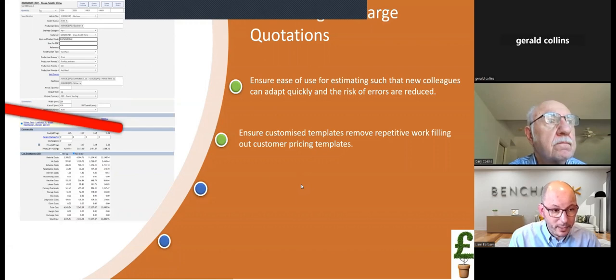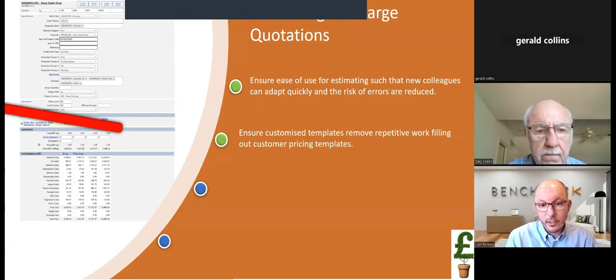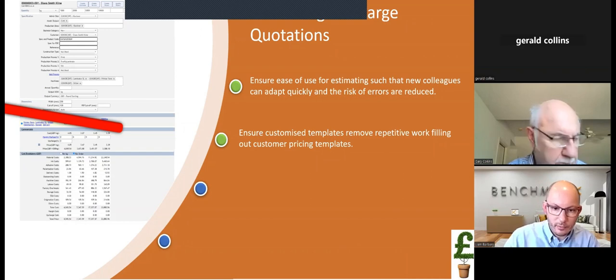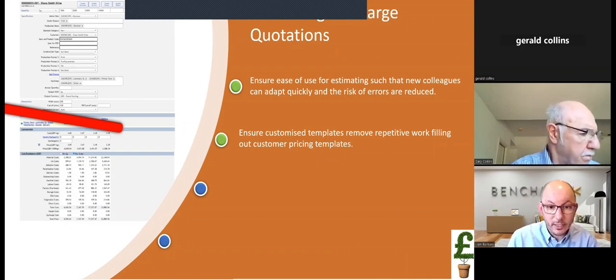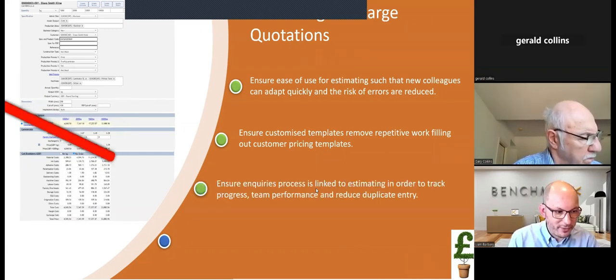Ensure customized templates, remove repetitive work of filling out custom pricing templates. So if you're always downloading should cost data and then needing to, you know, complete a management report or a report that needs to go to the business, this should be automated. So again, I'm conscious of my audience here today. I'm sure you guys have probably got that quite well organized.